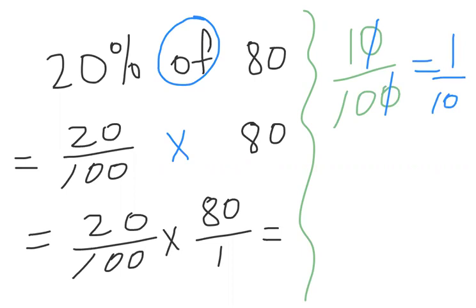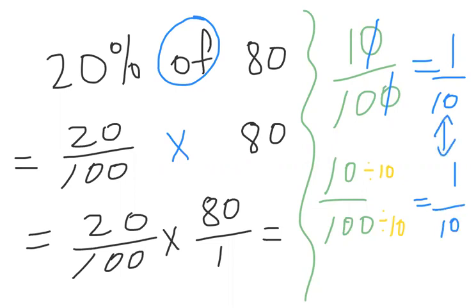But what did I actually do? I took the 10 over 100 and divided the top by 10 and the bottom by 10. So 10 divided by 10 is 1, and 100 divided by 10 gives us 10. So that's why you can do that.